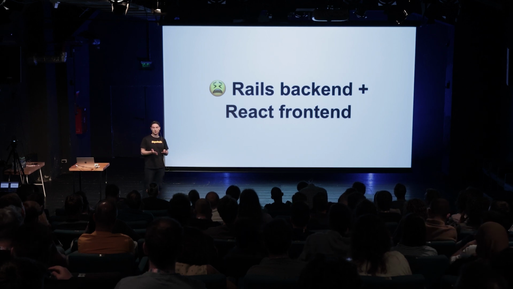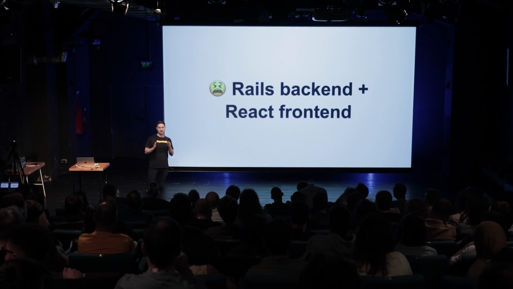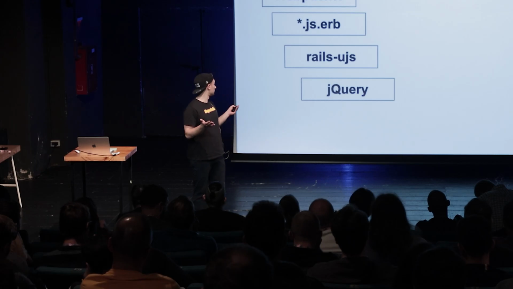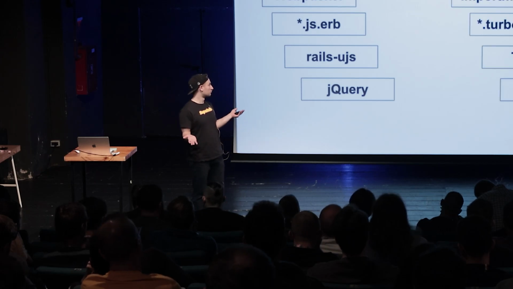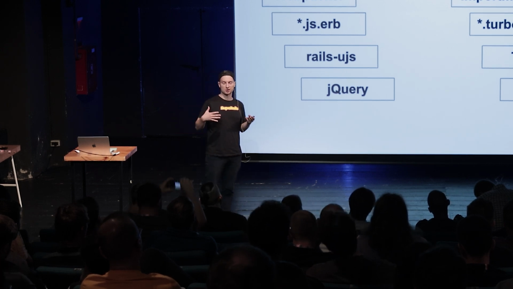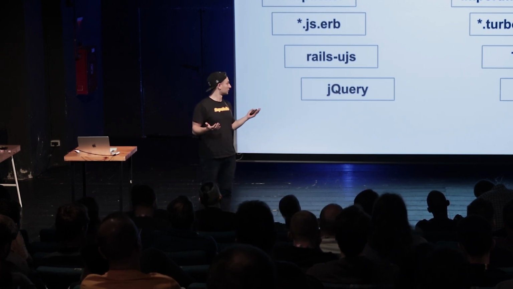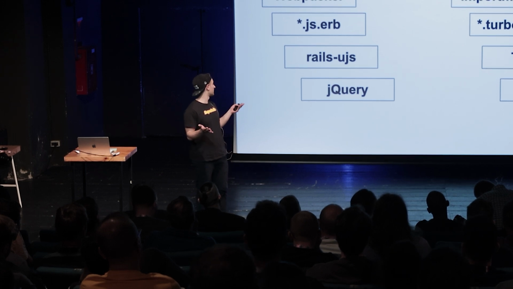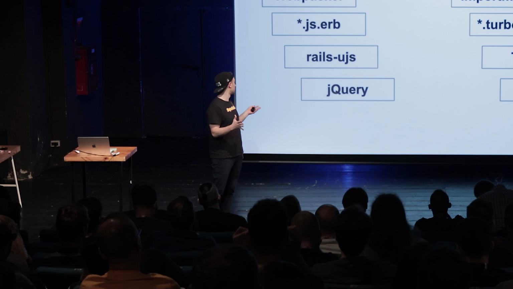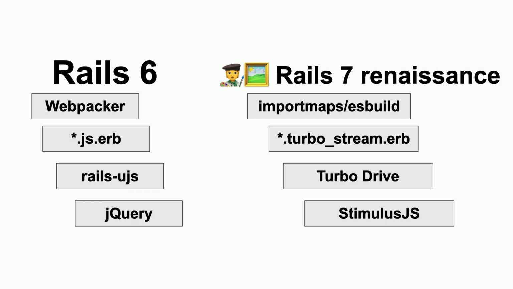So I think many of you still have Rails in the backend and React or something like that in the frontend. And now we have Rails 7, and I think what drives this kind of Rails renaissance is the frontend. We have import maps and ESBuild instead of Webpacker. We have Turbo Streams that is somewhat rebranded JS.ERB. Instead of Turbolinks and Rails.js, we have Turbo Drive.